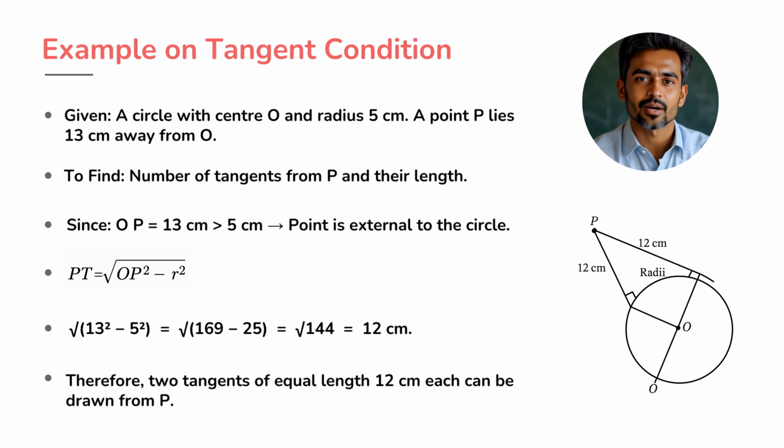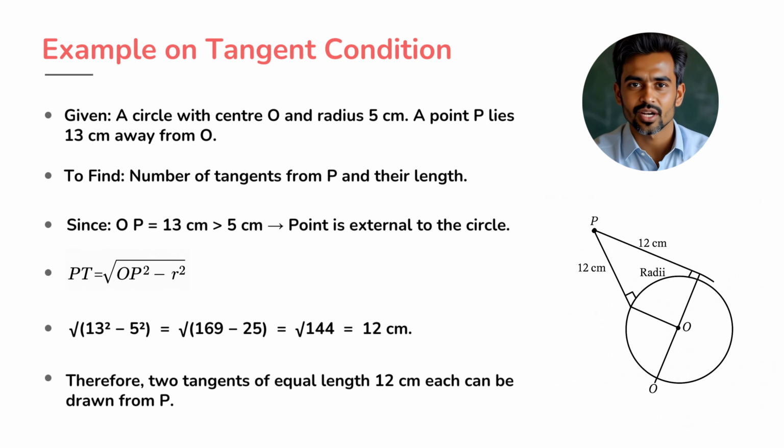Now, let's take a practical example and calculate tangent lengths using the tangent condition formula. Given a circle with center O, radius R equals 5 centimeters, and an external point P such that OP equals 13 centimeters. We know from geometry that PT equals square root of (OP squared minus R squared). Substitute the values.